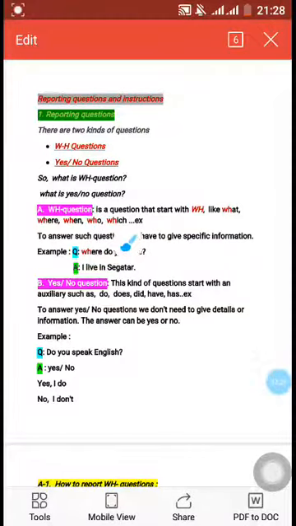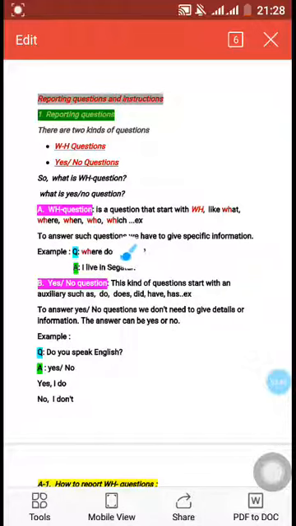So to answer such questions, we have to give specific information. النوع من الأسئلة اللي بعدها WH هاد لا يجاوبوا لابد من يعطي معلومات، يتطلب إعطاء معلومات.